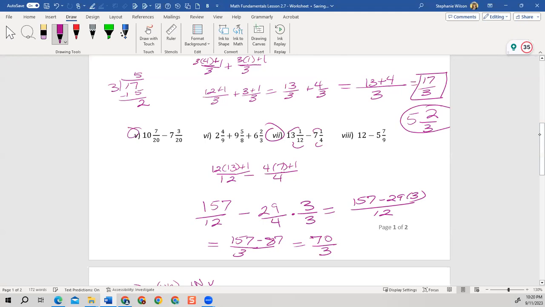Now, we want to see if 3 will go into 70. If we did that, we'd say, oh, 7 plus 0 is 7. 3 will not go into 70. Okay, so this is in the simplest form.